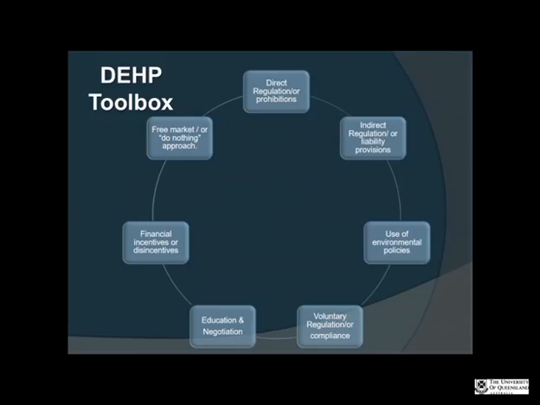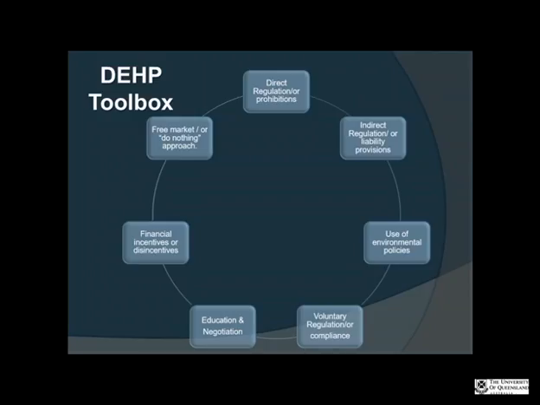So we've looked at the Department of Environment toolbox a few times. It's a reoccurring theme across this course, this idea that there's a tiered approach, a tiered response to how the regulator can respond to environmental harm.